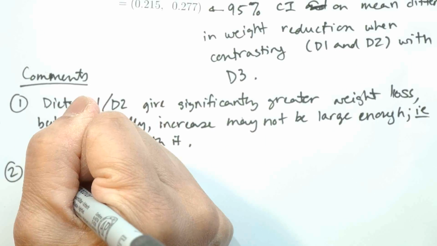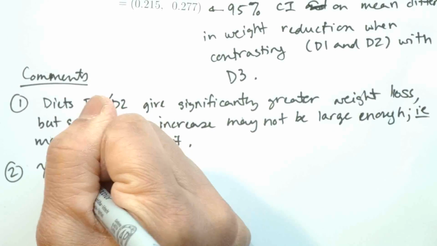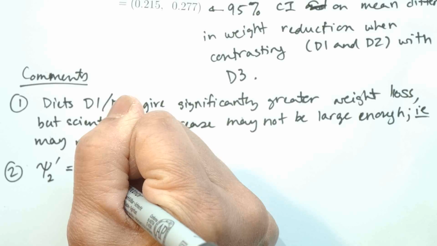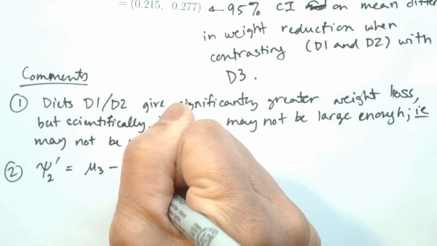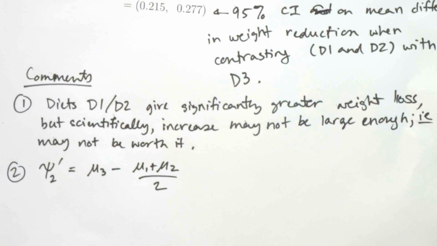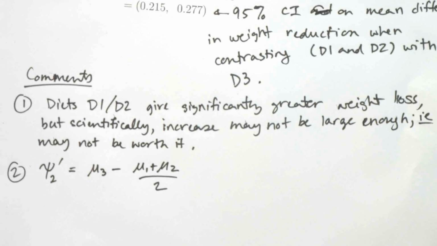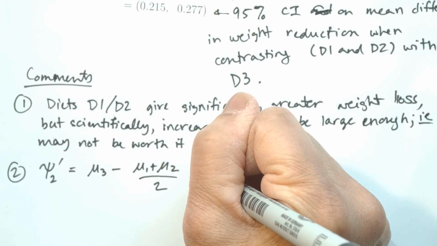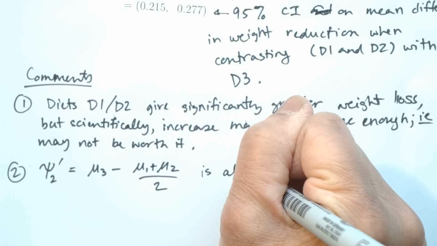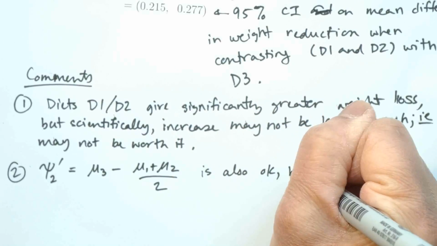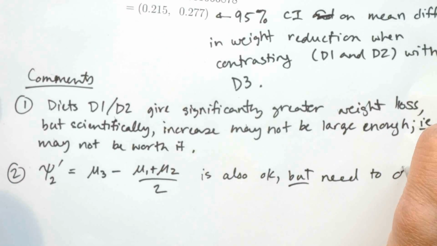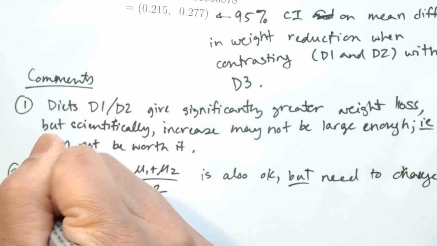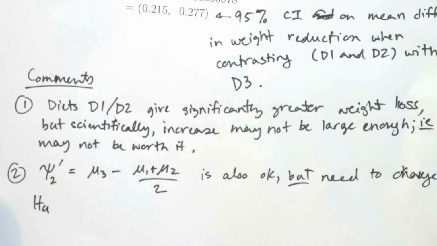If we had done psi 2 prime as equal to mu3 minus (mu1 plus mu2)/2, so suppose we flipped it the other way around, then this is also okay, but we need to change the alternative.